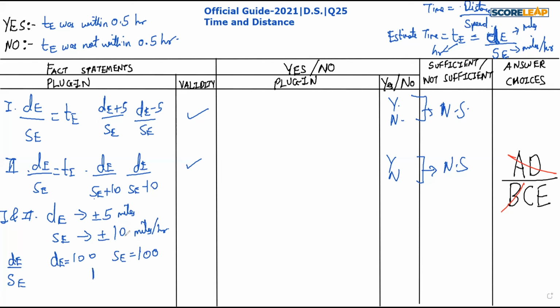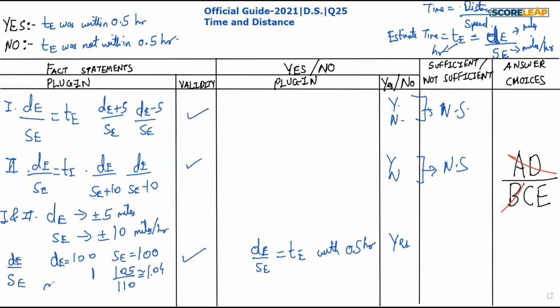And if we add plus 5 to the numerator and plus 10 to the denominator, then it will become 105 by 110, which is around 1.04. Validity check is done, and DE by SE, which is the estimated time, is within 0.5 hours of the original. So I got a yes over here.